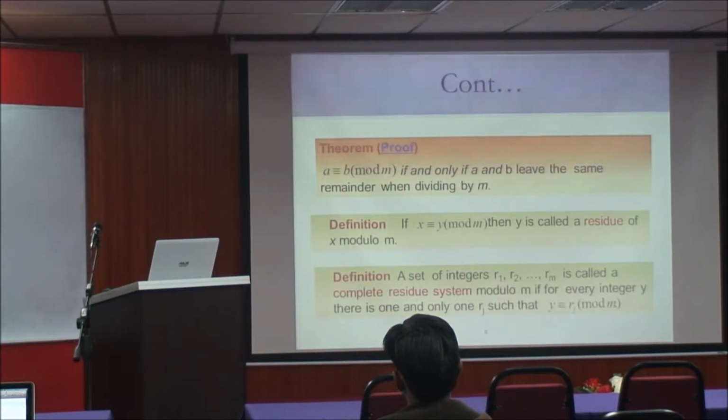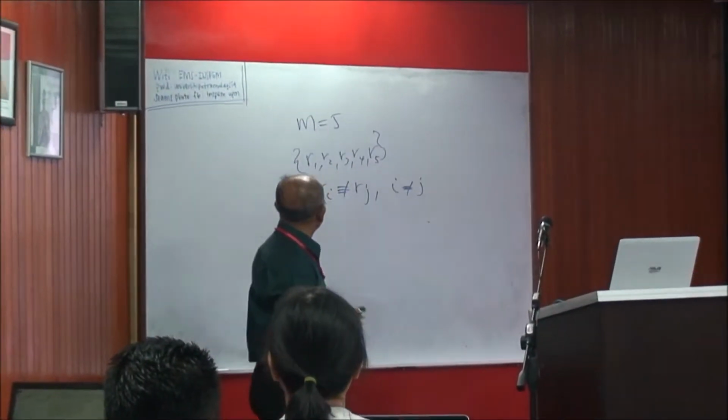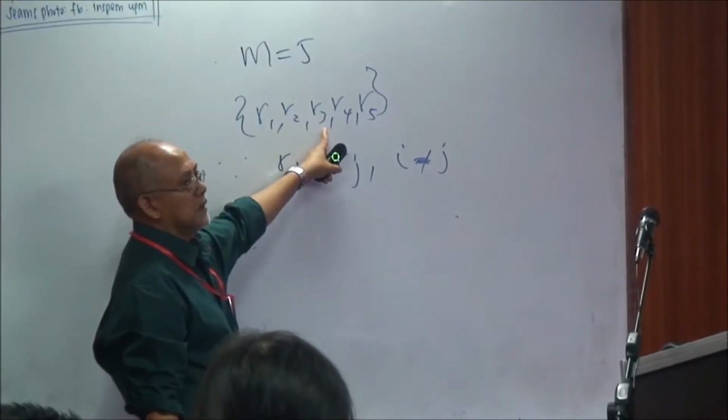So what are the conditions for this set of numbers to be a complete residue system? None of them are congruent to each other, meaning that ri is not congruent to rj if i is not equal to j. And the statement we are saying is that every integer y will be congruent to exactly one of them, right?